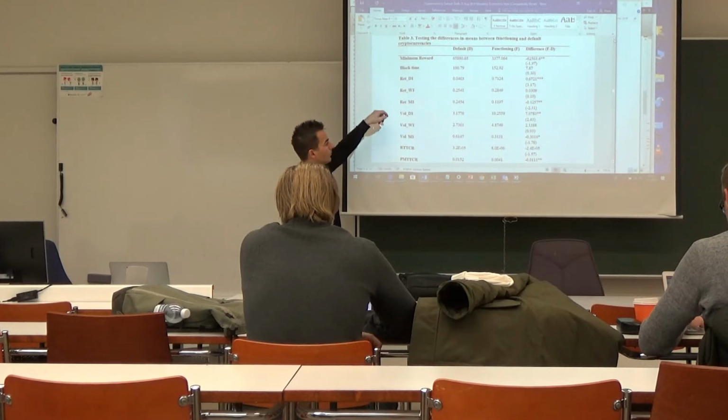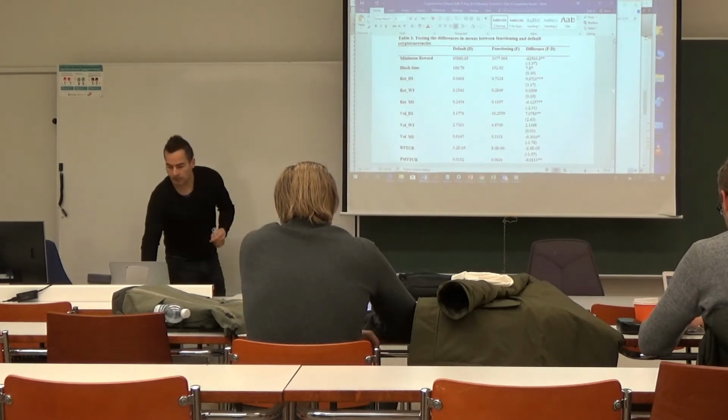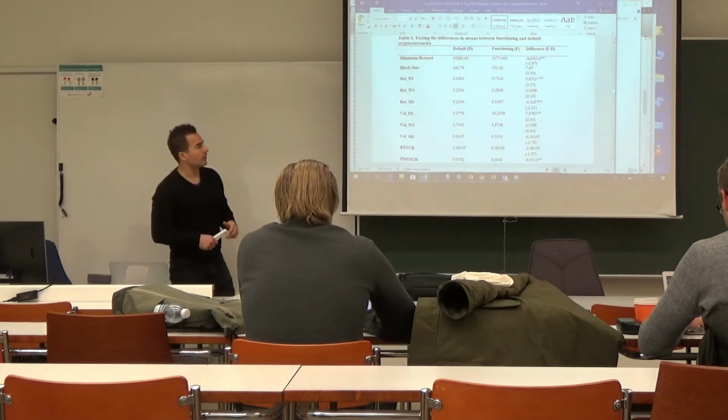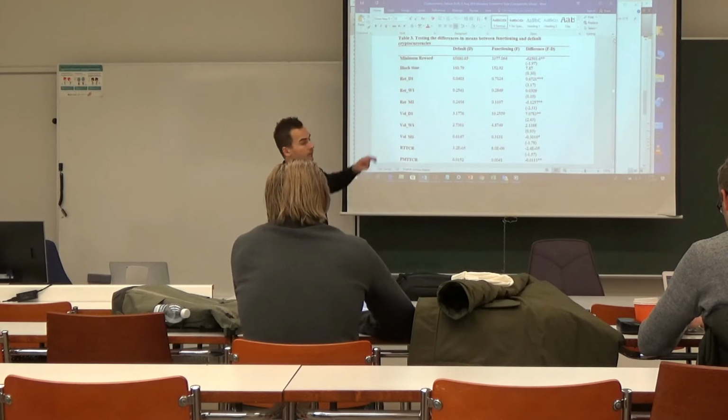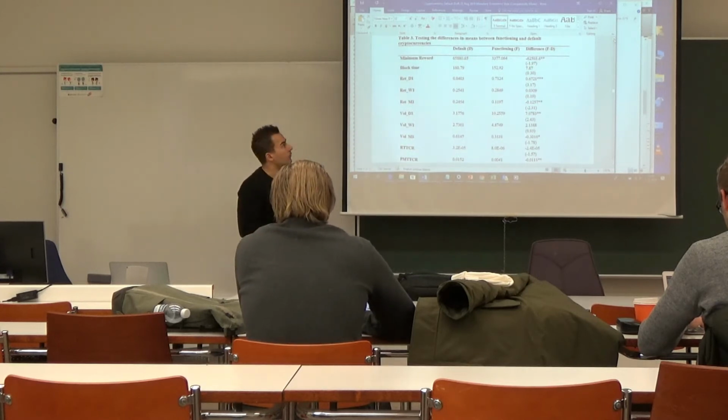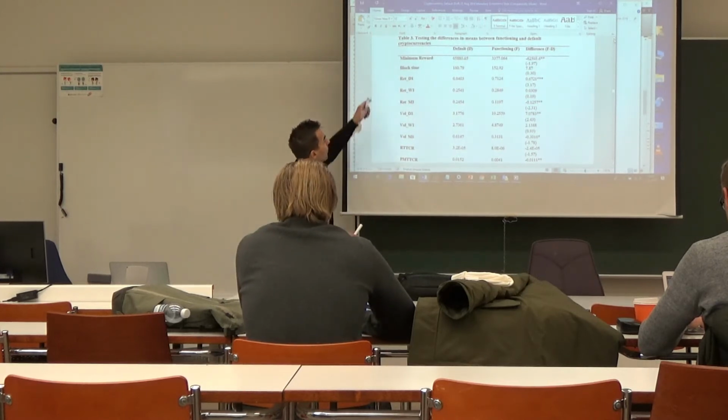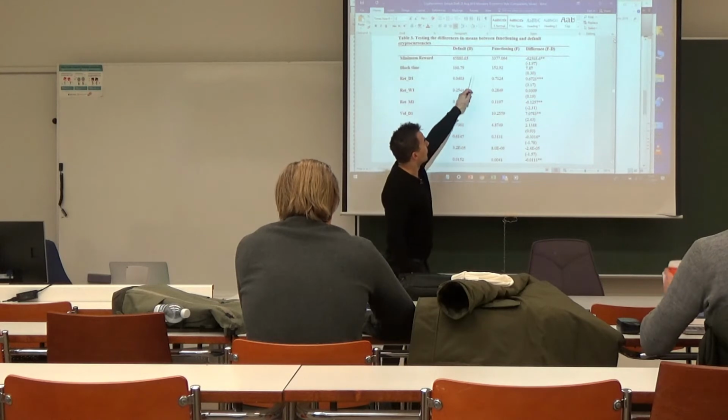So we investigated all of them for which we have data available in table 3, and those who have 2 stars or 3 stars, those obviously have significantly different sample averages. For instance, the minimum reward we see here is significantly higher in the default group than in the functioning group.